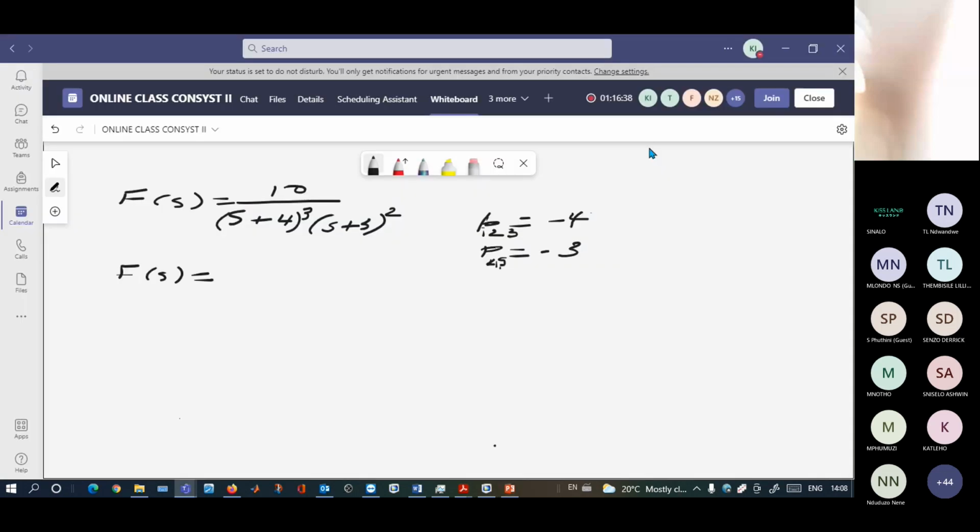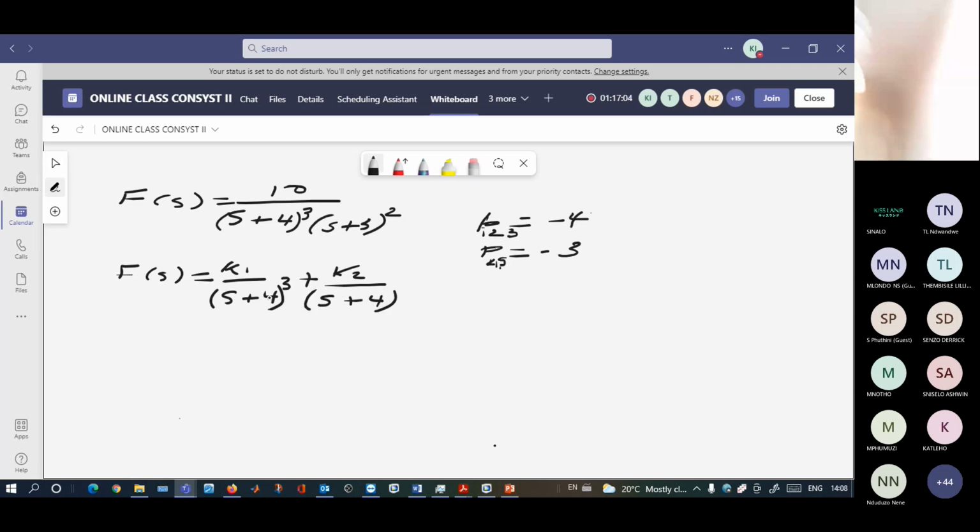So we're going to have here k1 over (s plus 4). The highest power is 3. Then we're going to have plus k2 over (s plus 4).